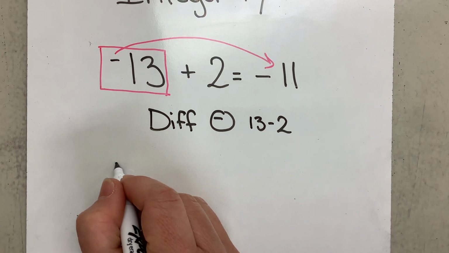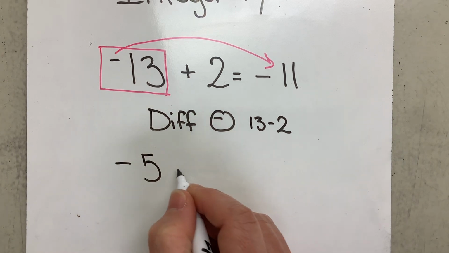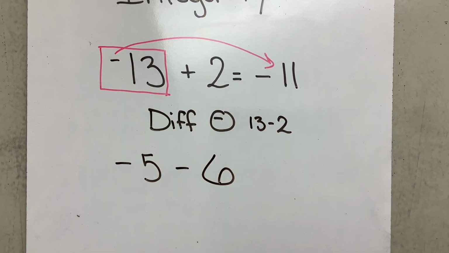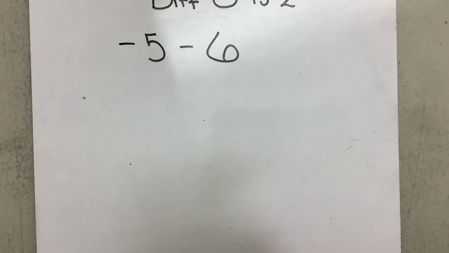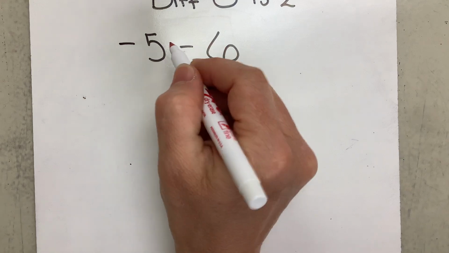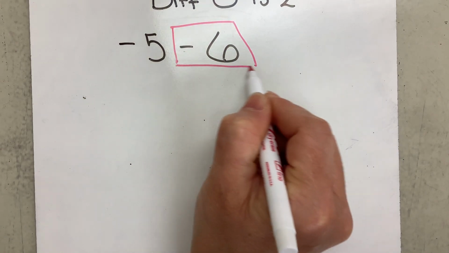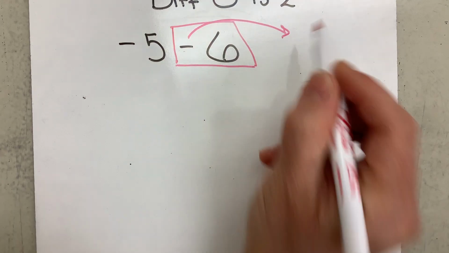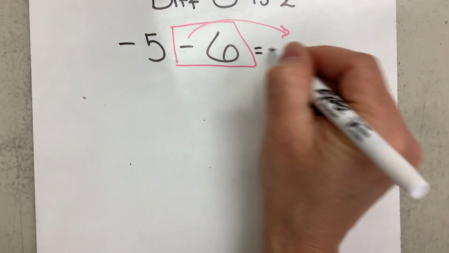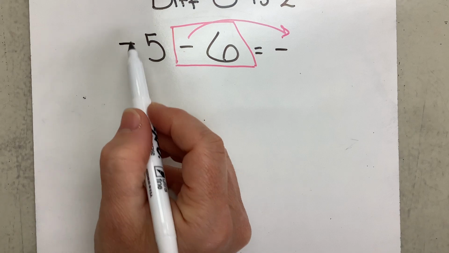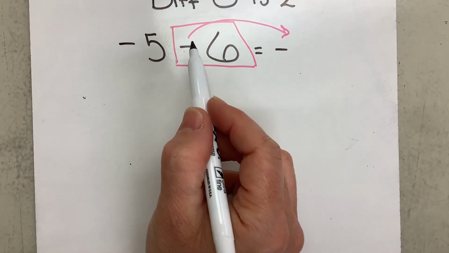Another example would be negative 5 minus 6. Okay. On this one, we're going to box the bigger number. Well, 5 or 6, the 6 is going to be bigger. It's going to tell us that our sign must be negative. But this time, see how this one's negative and this one's negative or minus?